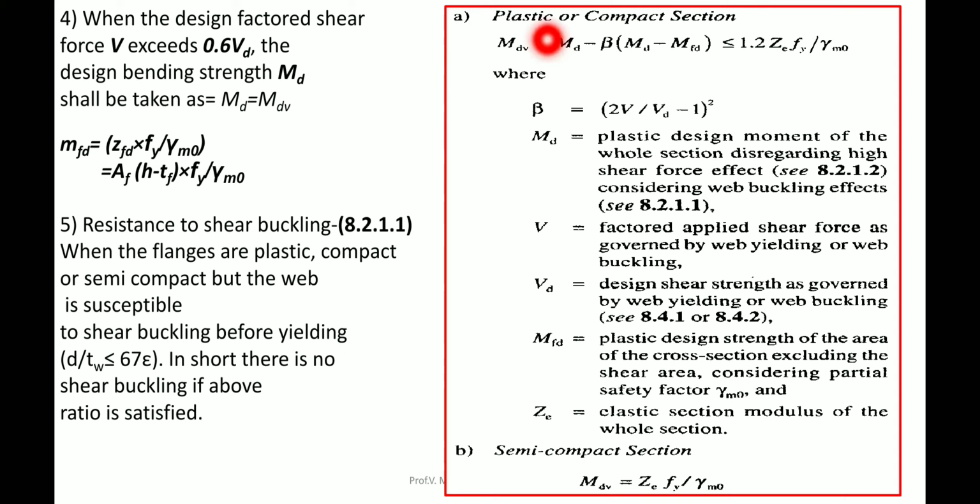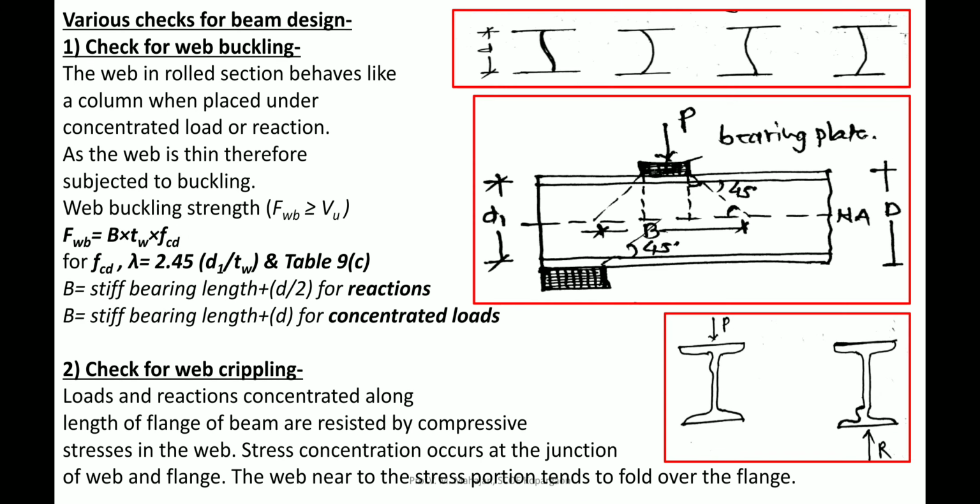Here the details are given: for plastic or compact sections, Mdv is equal to Md minus beta (Md minus Mfd), less than or equal to 1.2 times Ze into Fy divided by gamma m0, and all details regarding plastic, compact and semi-compact sections are given in the IS code.